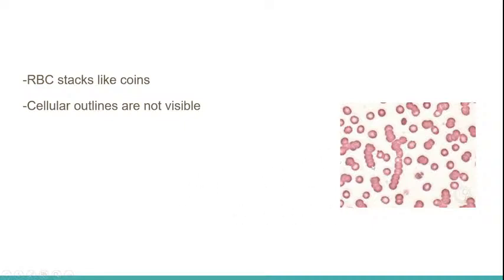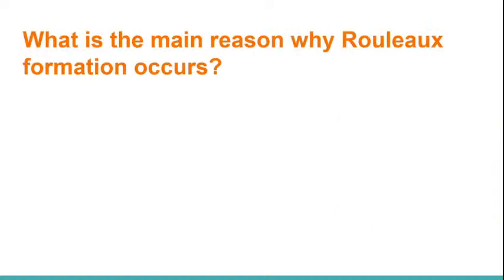If the cells are stained properly and they're not really in rouleau formation or in abnormal stacking formation, you would still see normal central pallor appearance. All right? And this characteristic is what is important for us to identify. Okay, there is rouleau formation in the patient's findings. All right. Now, we have to talk about the main reasons why this type of phenomenon occurs.